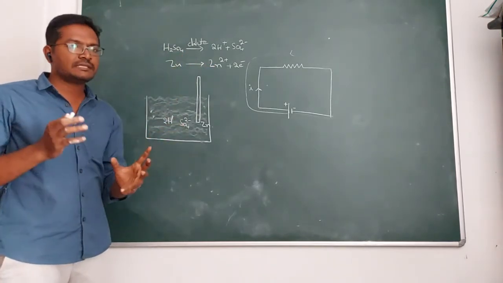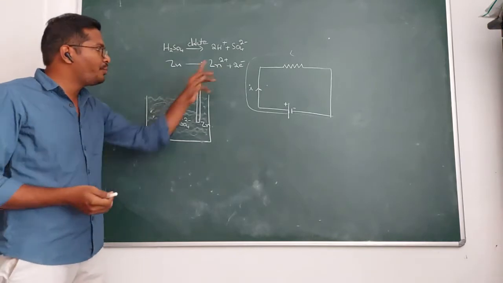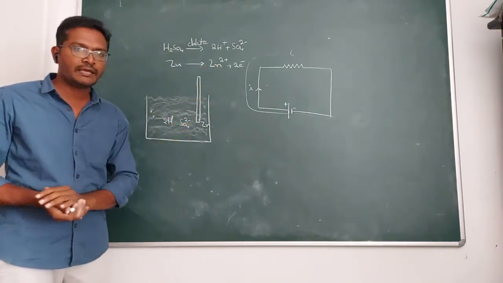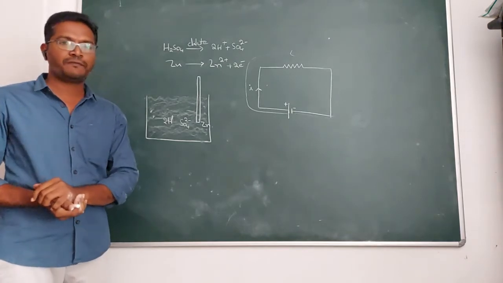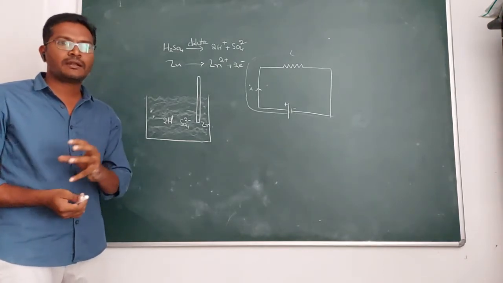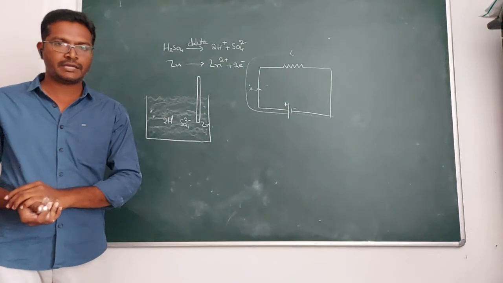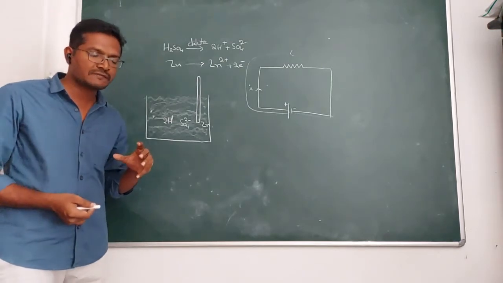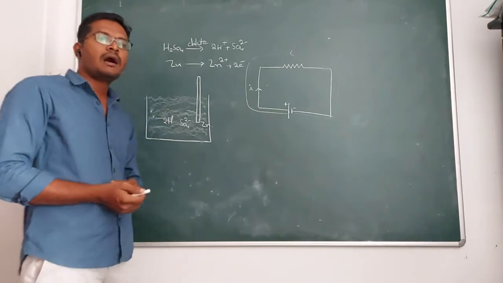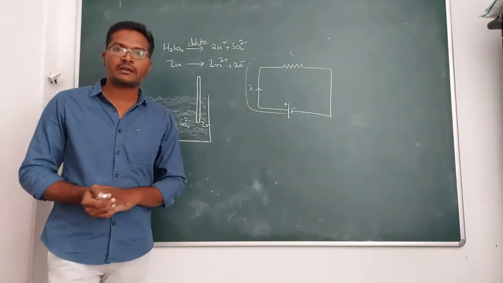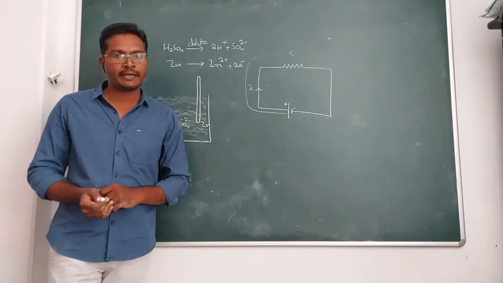Then the 2 plus mixing with the 2 minus becomes the compound ZnSO4, which is at a lower energy state. Compared with H2SO4, ZnSO4 is at a lower energy state. Always atoms try to be at their lower energy state.